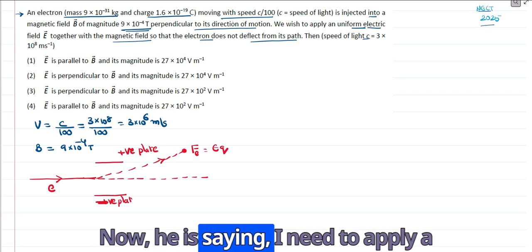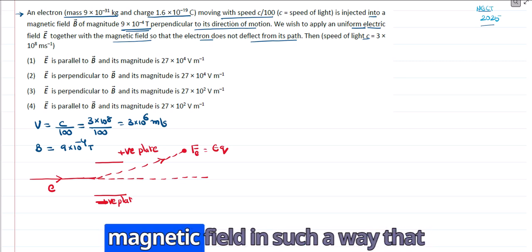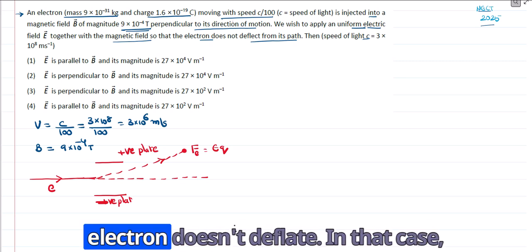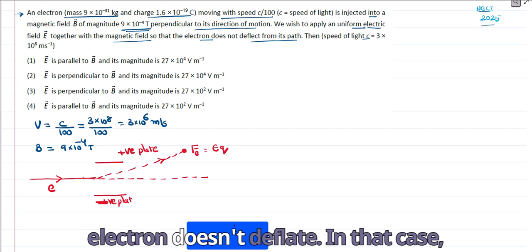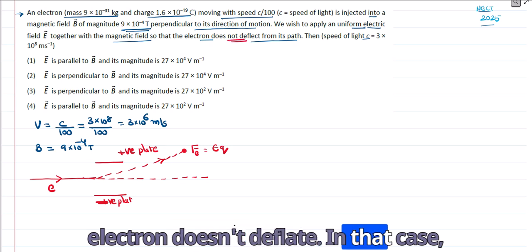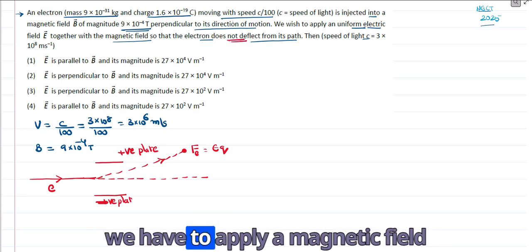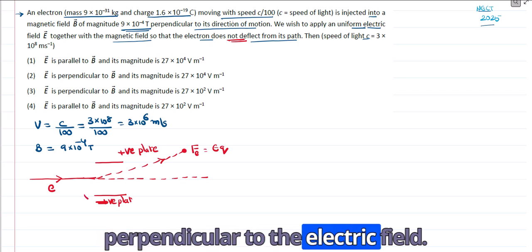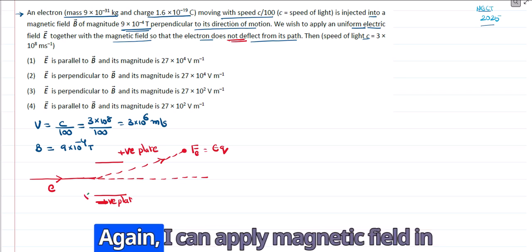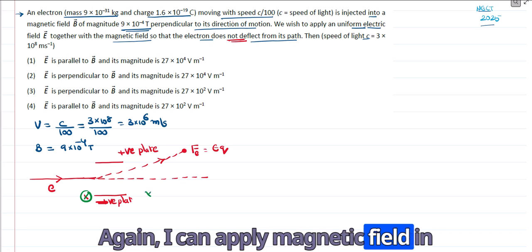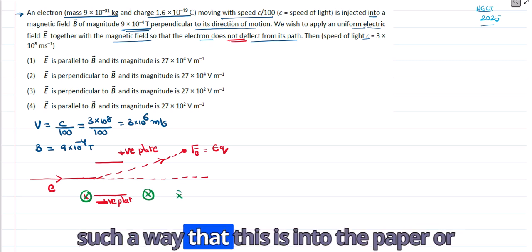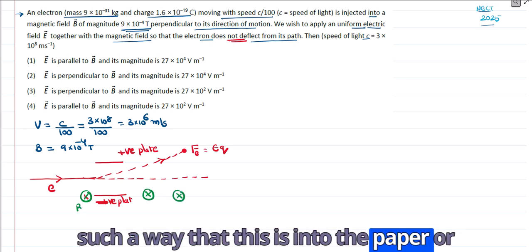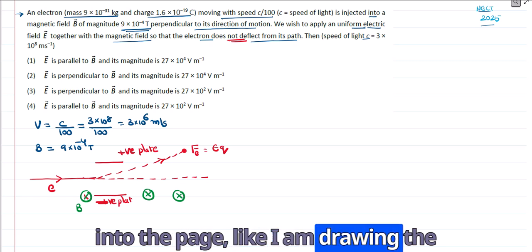Now, he is saying I need to apply a magnetic field in such a way that the electron doesn't deflect. In that case, we have to apply a magnetic field perpendicular to the electric field. I can apply the magnetic field into the page, like I am drawing the cross.